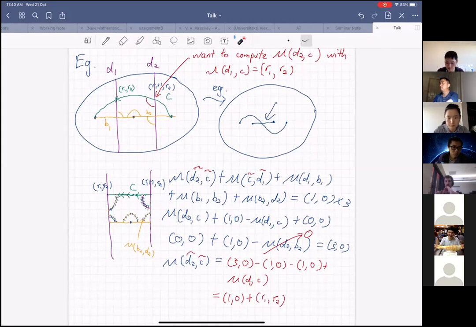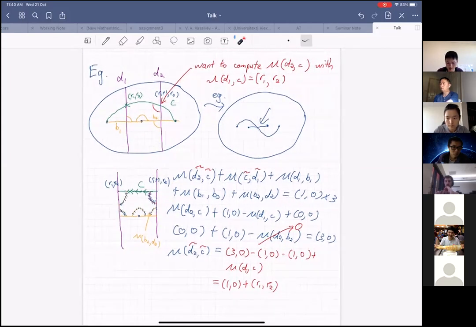But next time I will compare these two constructions.